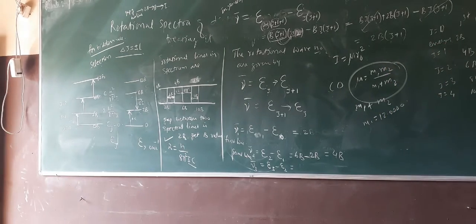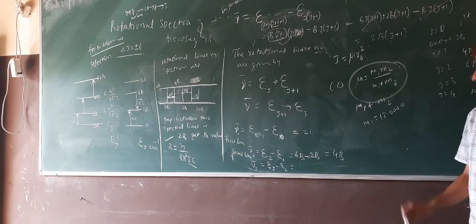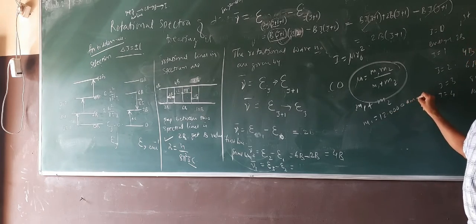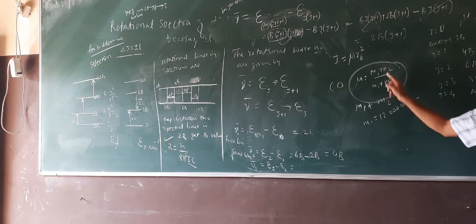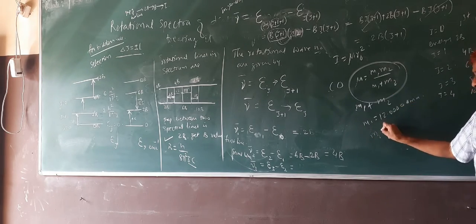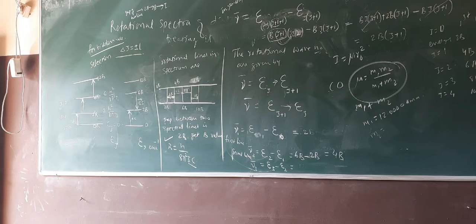What is the mass of oxygen with respect to carbon? Nowadays we are making carbon the standard, at 12 AMU. What about oxygen, m2? 8O16 we write, carbon 6C12.